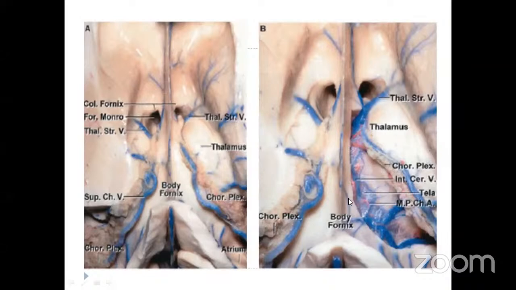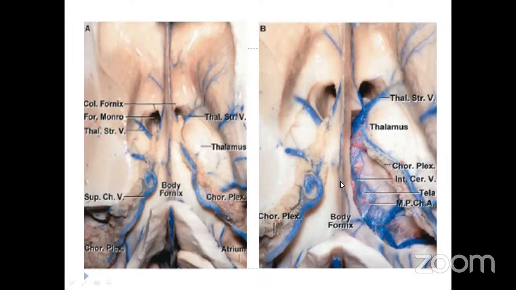Now, in this diagram, the body of the fornix is dissected to show the roof and structure of the velum interpositum, in which we can see the tela choroidea, internal cerebral veins, and medial posterior choroidal arteries.